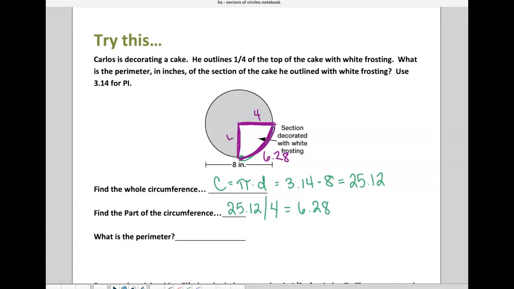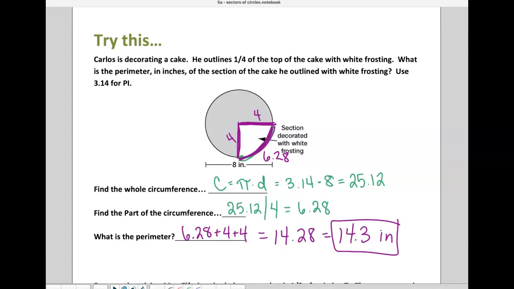And this is also 4. So to get the perimeter, I need to add all of those things together. 6.28 plus 4 plus 4 is 14.28, or rounding to the nearest tenth, 14.3 inches.